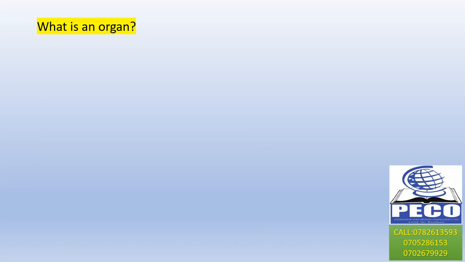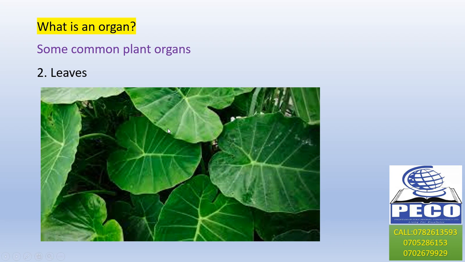What is an organ? Do you remember that? Okay. We have leaves as our second point. Our first point, there were roots. So we have leaves. The fact is, you must have seen a leaf.